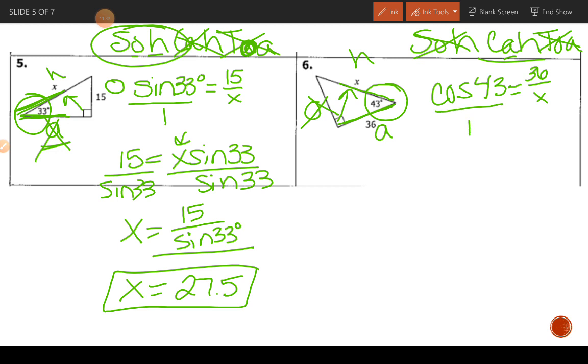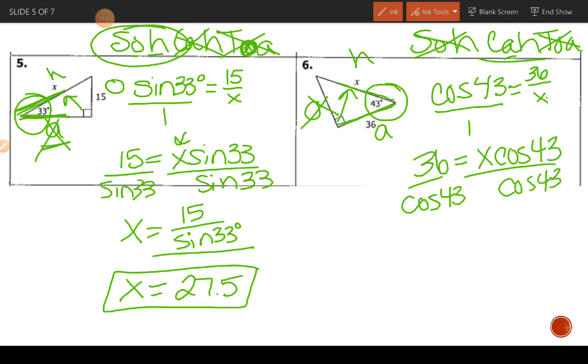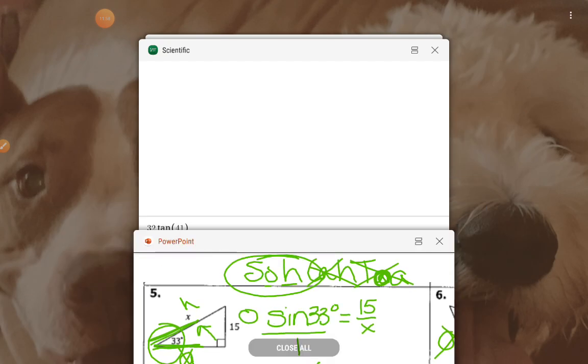Okay. Create a proportion, cross multiply. 1 times 36 is equal to x cosine of 43. Now divide by cosine of 43. And then I'm going to type this right here in my calculator. Okay.